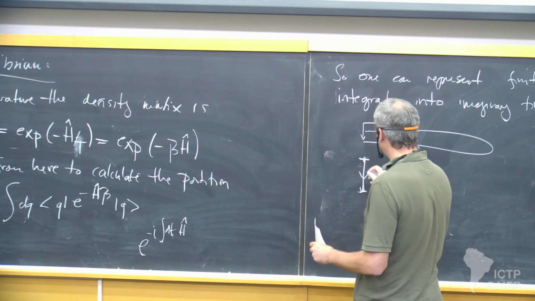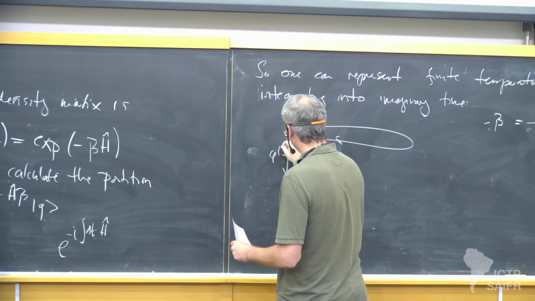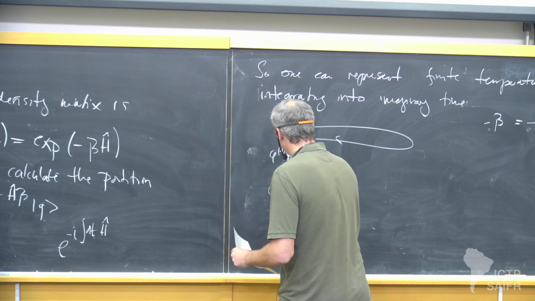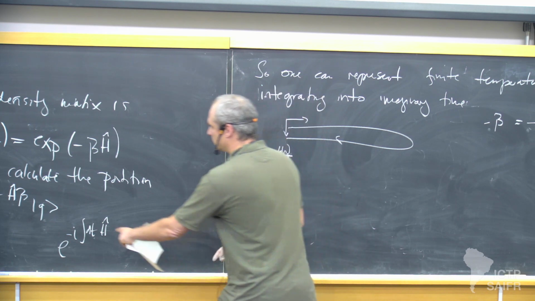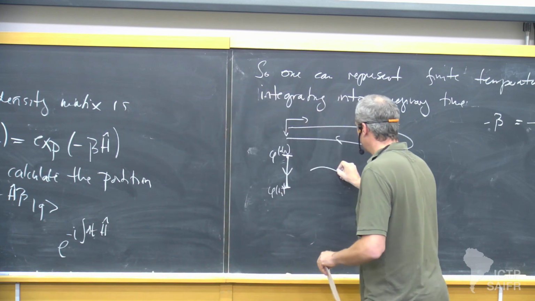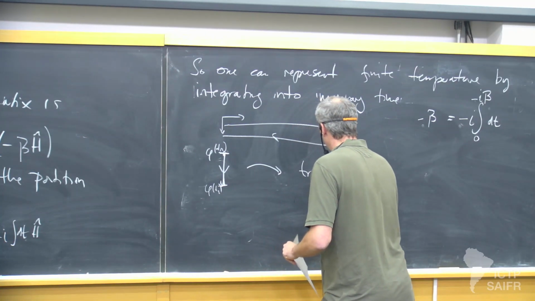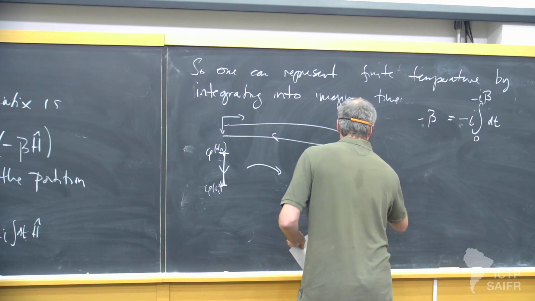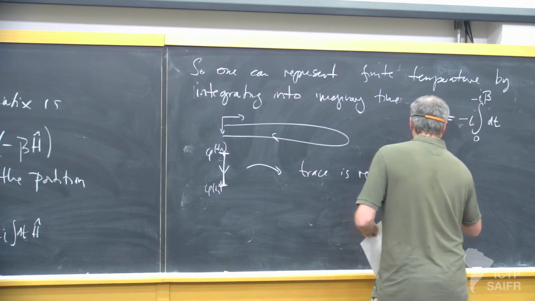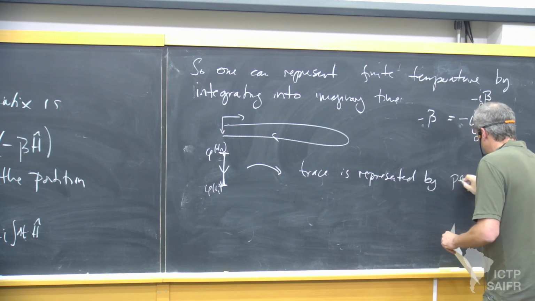So let's say you have some field here. This is the field at time t1. This is the field at time t2. And basically what you want to do is a trace. So these two guys are the same. So basically the trace is represented by periodic boundary conditions.